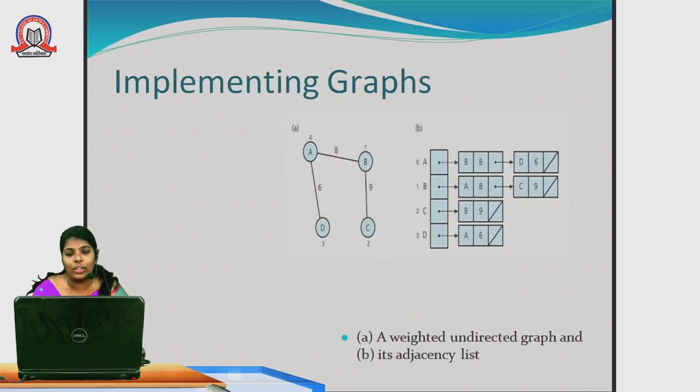You can see here another graph with edges A to B, A to D, B to C. This graph we are going to represent in a list.